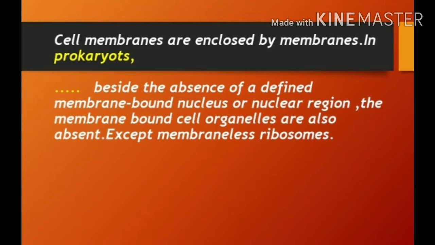Actually, when we observe, cell organelles are enclosed by membranes in eukaryotes, but while we are observing prokaryotes, there is an absence of a membrane-bound nucleus, and even the membrane-bound cell organelles are also absent, except membraneless ribosomes.